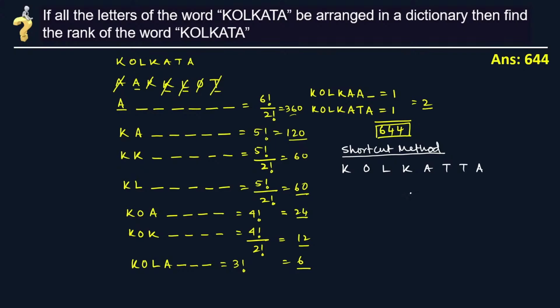Now I have to assign a number to each of these alphabets, but alphabetically. So first A will come and there are 2 A's. Therefore, both of this I will write it as 1 and 1. After that K is coming. So it will be 2. This is also 2. After that L will come, which is your 3. After that O will come, which is your 4.